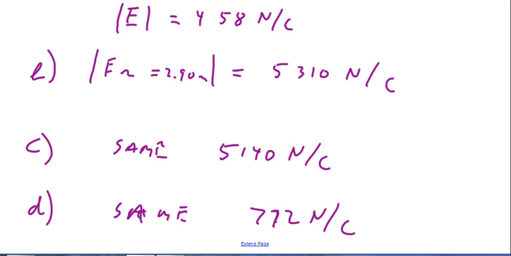Okay, now we're going to move to number 24. I have two flat plates separated by a distance that is very small compared to their height and their width. The conductors are given equal but opposite uniform charge densities, plus or minus sigma.